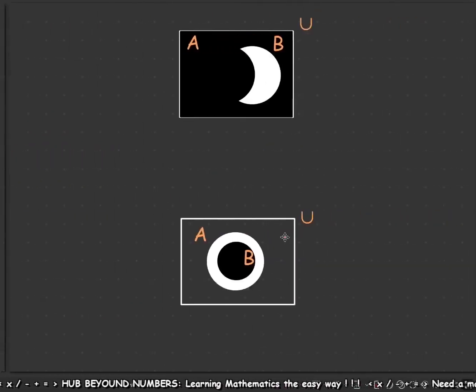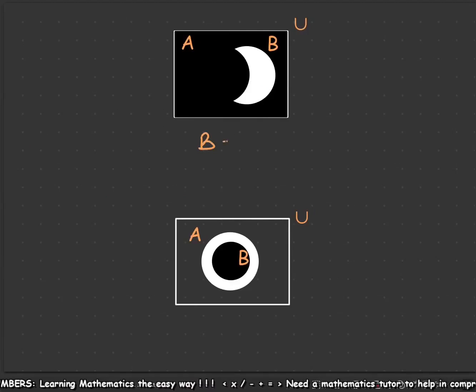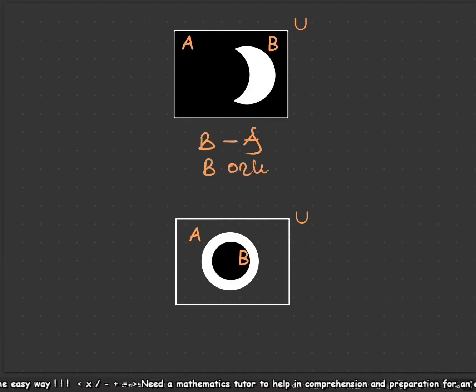Now let's look at two more. Obviously, this one here is going to be B minus A, or in English we call it B only.